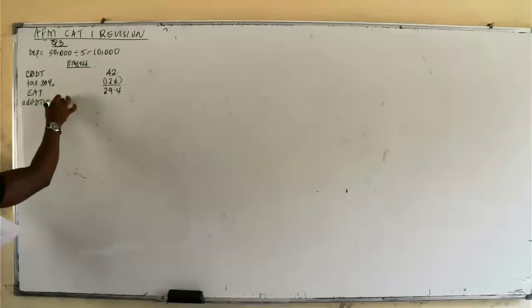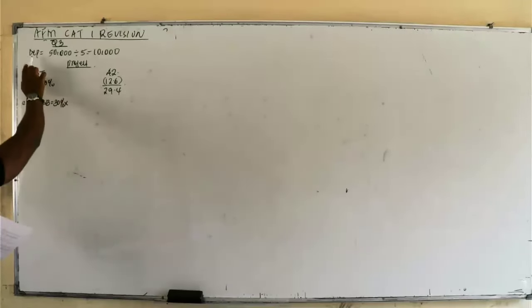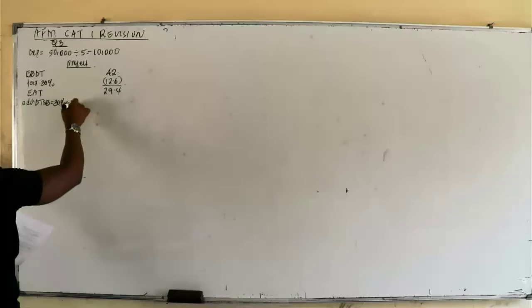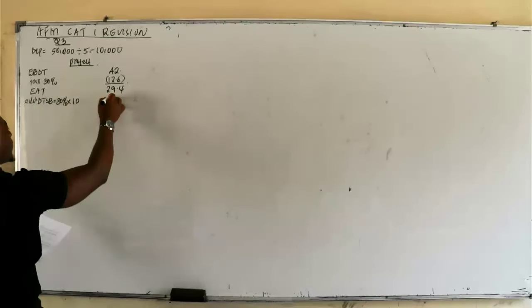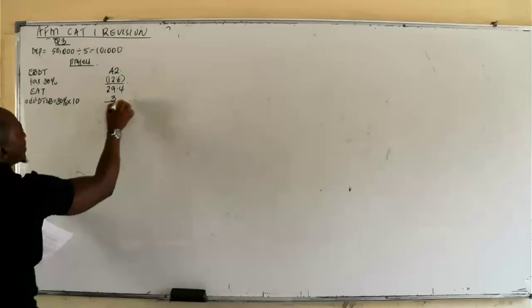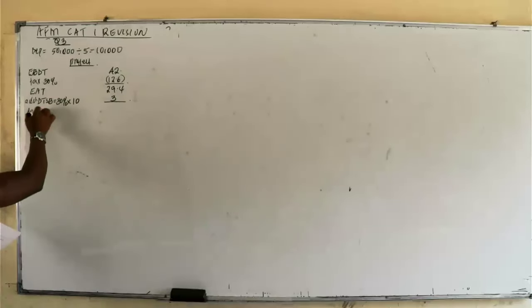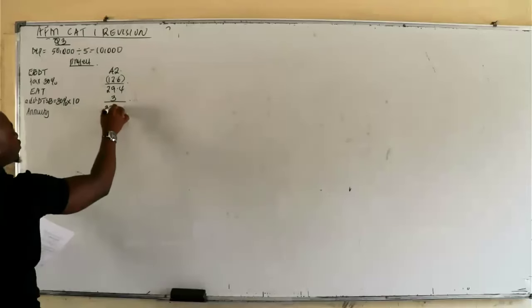You take 30% of the depreciation per annum. Depreciation per annum was an amount of 10, so therefore you get an amount of 3. And that's how you get the annuity cash flows. Simple.